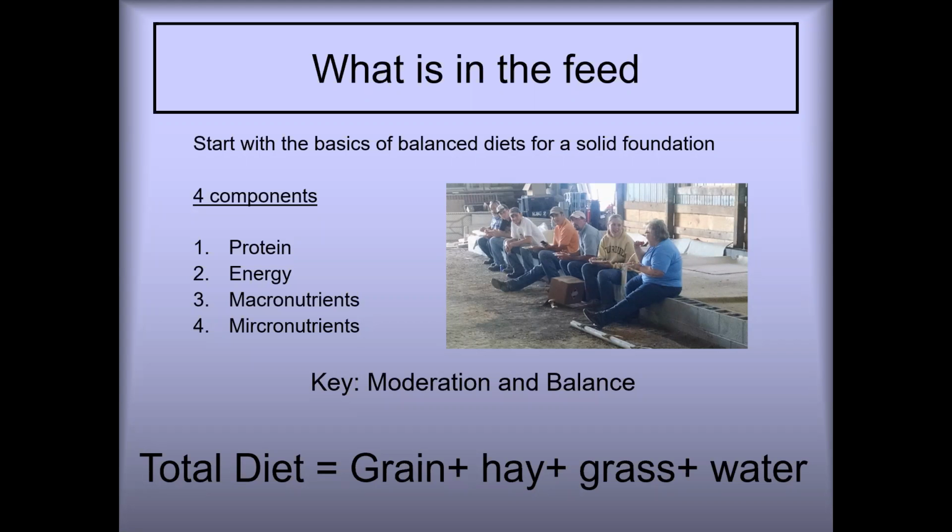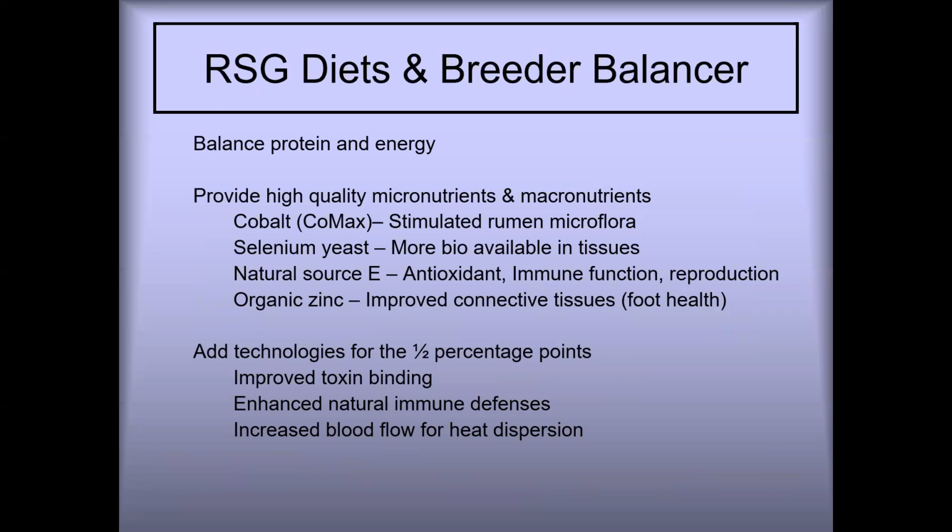Your micronutrients are very, very important. Some of those that can really impact the overall health of the animal is a really high quality cobalt. That's going to benefit the rumen flora, the rumen health. Selenium yeast is going to be more available to their system and actually be able to be utilized in all their processes.